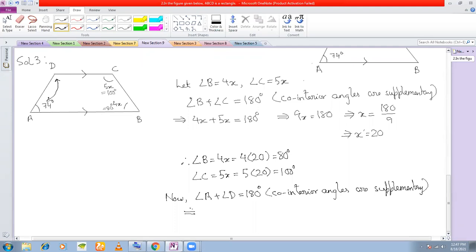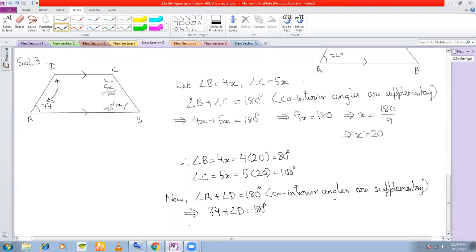That means 74 plus angle D is equal to 180 degree. That means angle D is equal to 180 minus 74, which is equal to 106 degree. So angle D is 106 degree.